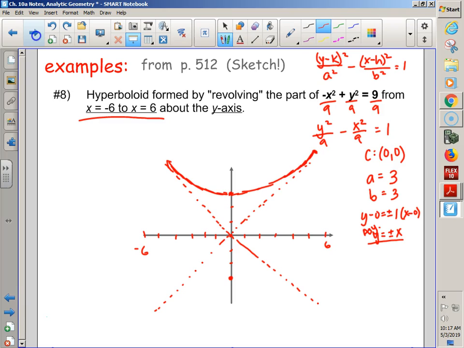Yeah. It'll hit 6 about there. And then it'll hit -6 about, does that look about right? About even? Yeah. Wait, but a hyperbola doesn't just have one curve, so I'm going to go to 6 this way. That was -6, and then to 6.